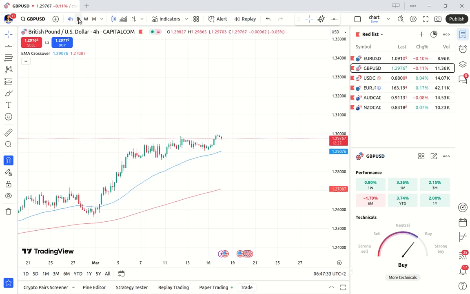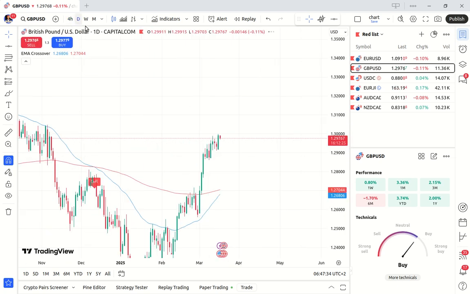Because I used to think I have to wait for these two moving averages to cross, right? But then by the time these two moving averages cross, the buy signal is over. So this is definitely a pullback.